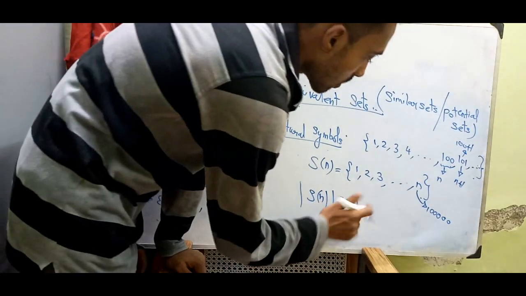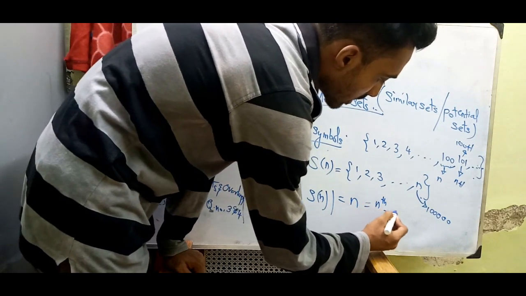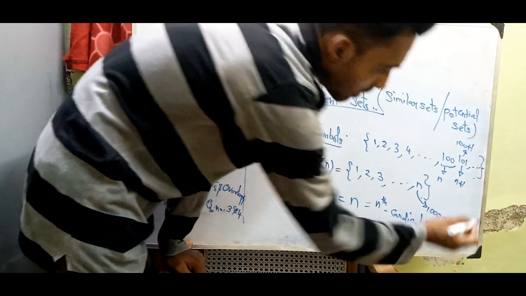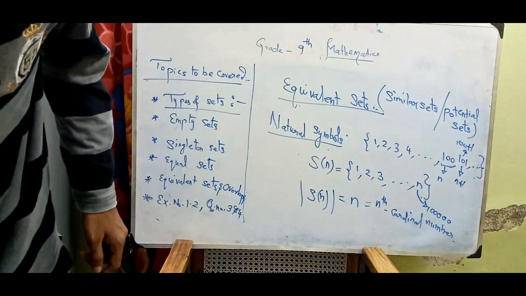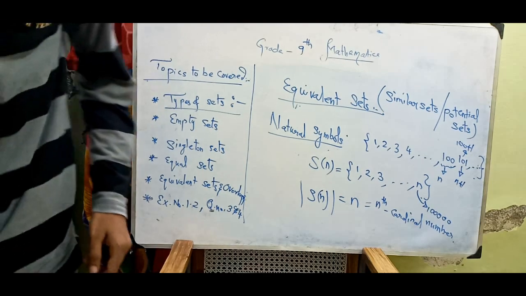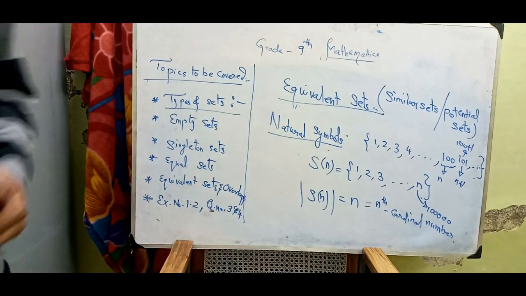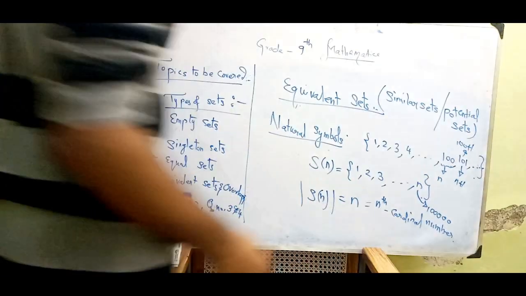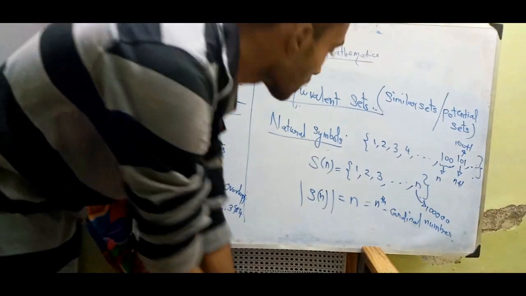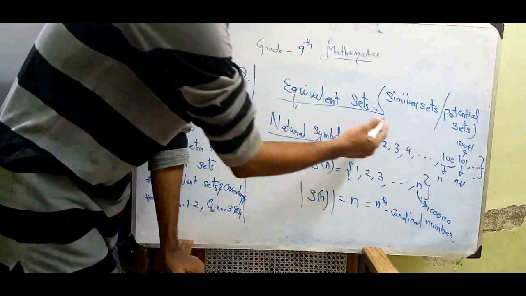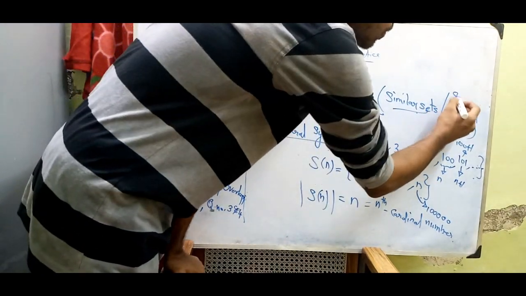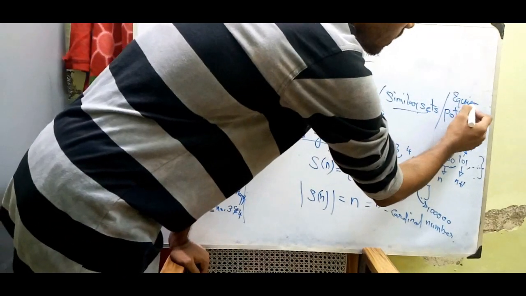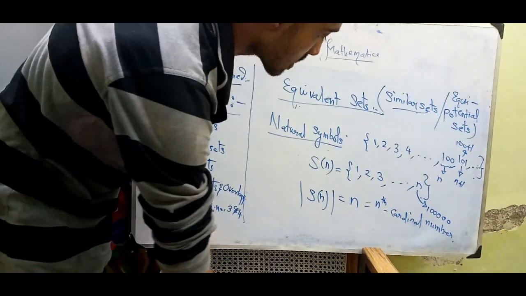Also this is called as n cardinal, nth cardinal number. So here equivalent set, similar set, or you say equipotential set. Okay, EQUI, equipotential set.